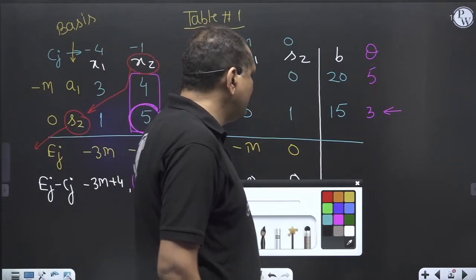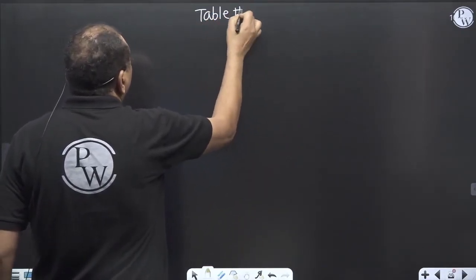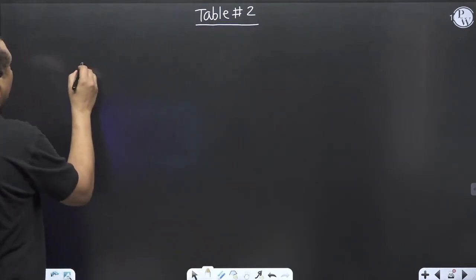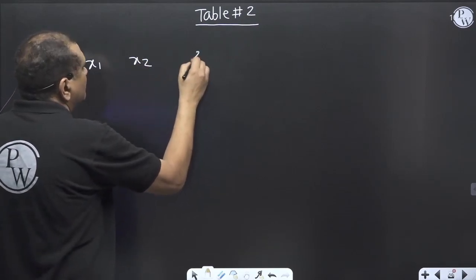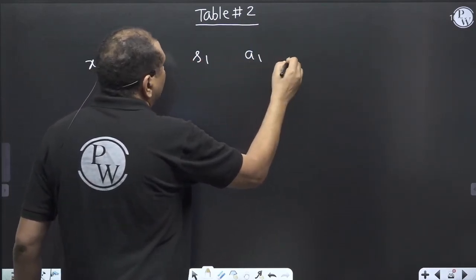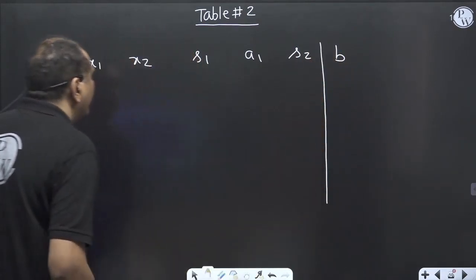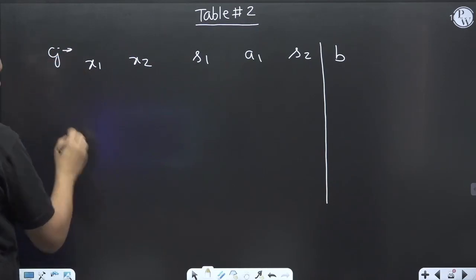So let us make the next table. Table 2: X1, X2, S1, A1, S2, and then B. Cj.